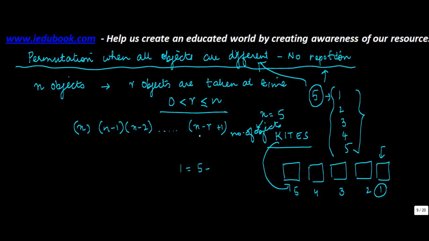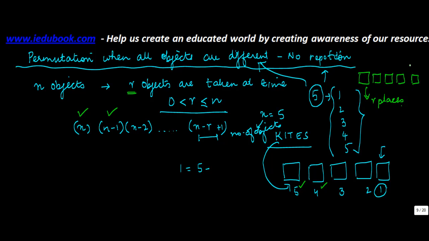Now you must be wondering how come I got this N minus R plus 1. So let's say we took R objects at a time, which means that there were R places. The first place can be filled in by N objects, which is all the 5 objects we took in our example. Second was by 4 objects, which was N minus 1.